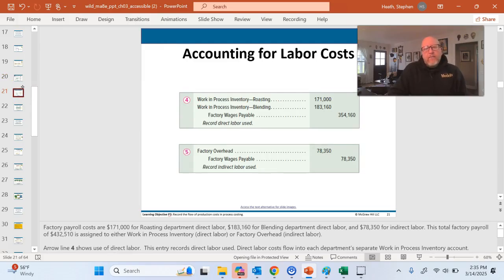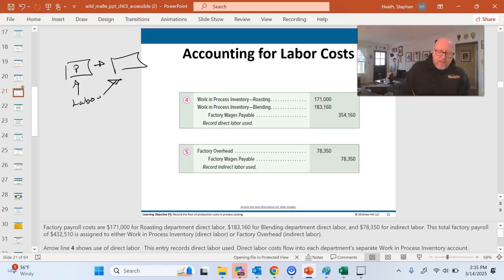This is labor, adding labor to the various elements. Again, we have two work in process accounts, and we have labor. And now labor is going into these two separate work in process accounts, roasting and blending. So work in process roasting, work in process blending, and then we are sending the indirect labor to overhead.